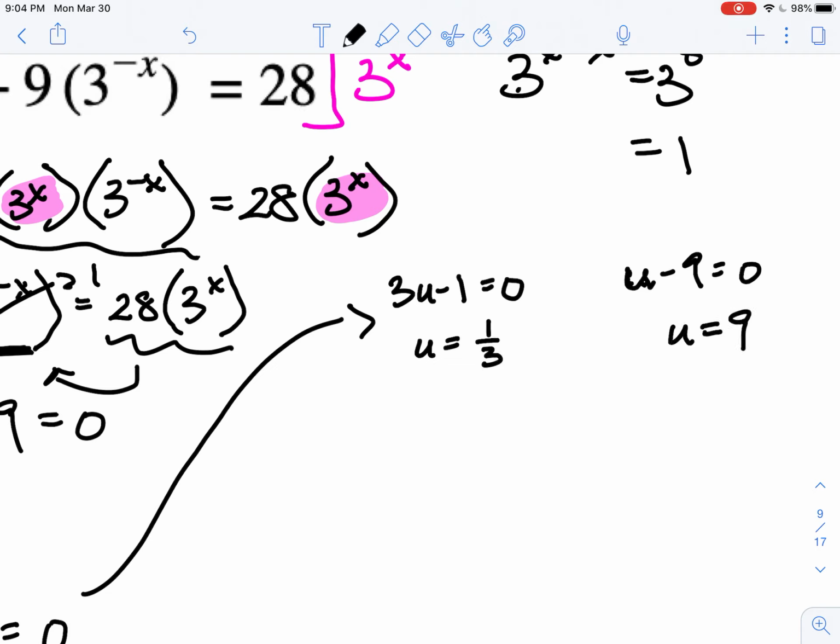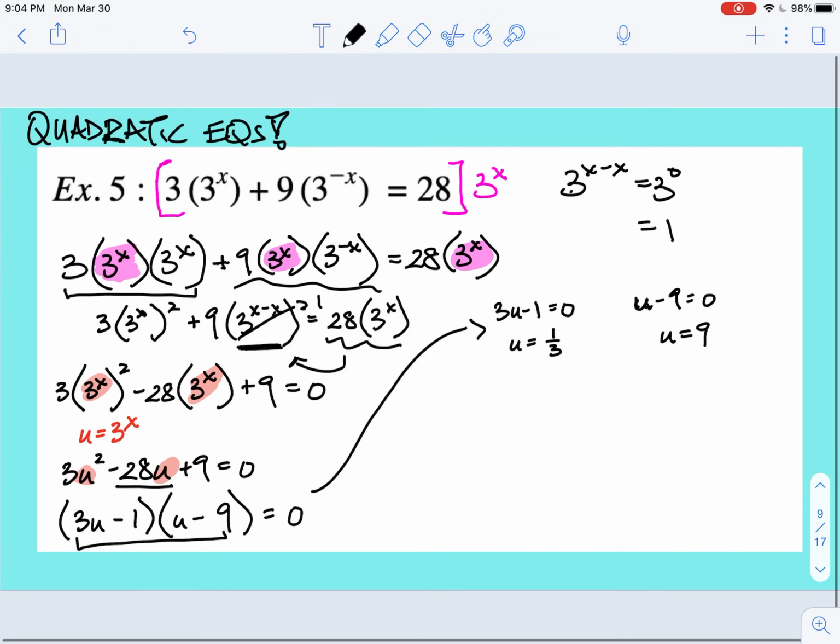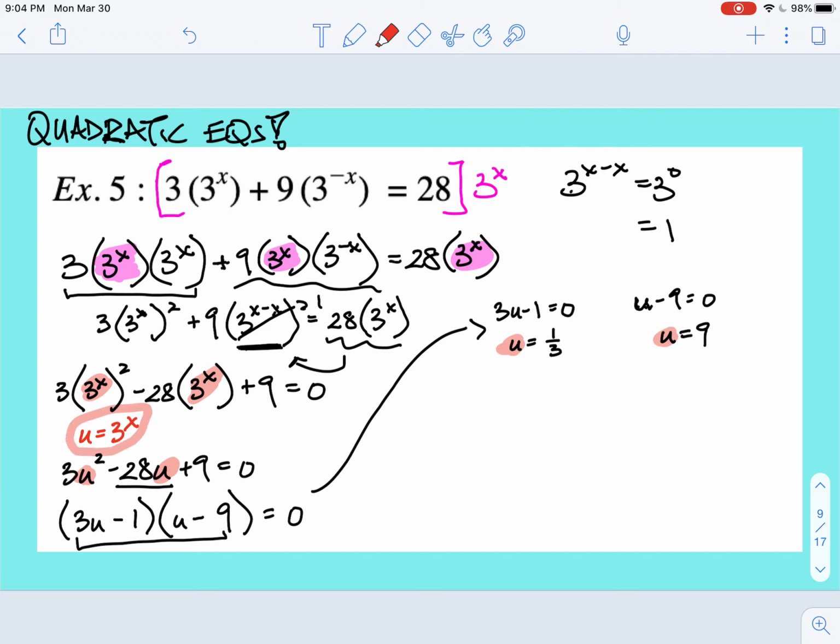Now, a lot of times students stop here and they're like, yes, I'm done. But what we need to do is make sure that we sub back in, not u, but 3 to the x, because I don't want to find u, I want to find x. So this question really is 3 to the x equals 1/3, and this question is really 3 to the x equals 9.